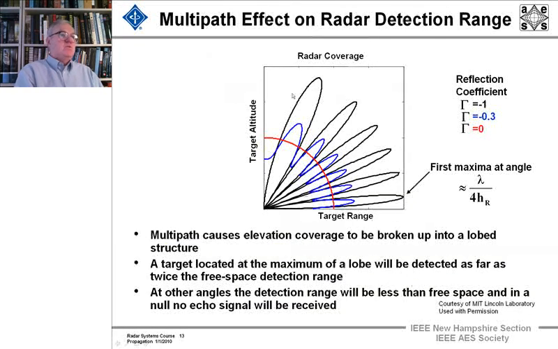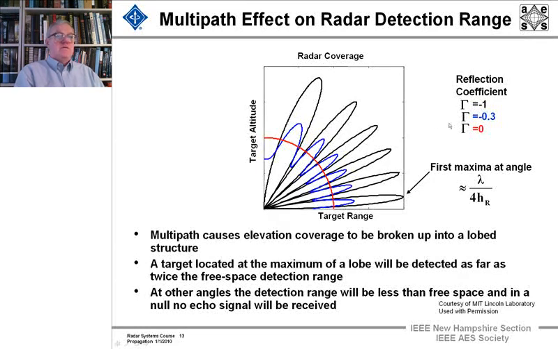Now, this is what this multipath effect looks like in terms of the target altitude plotted against target range for 3 different coefficients of reflection. When you have a perfectly smooth ocean, say, the reflection coefficient is going to be -1, and that's in black, so you get a very strong lobing effect.